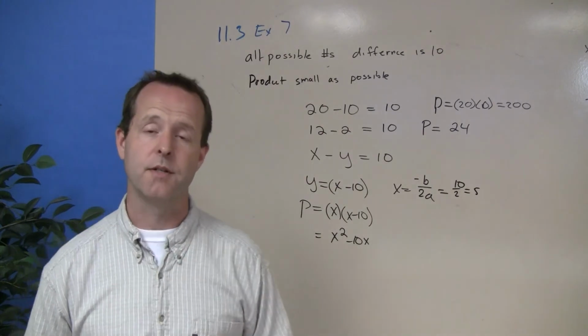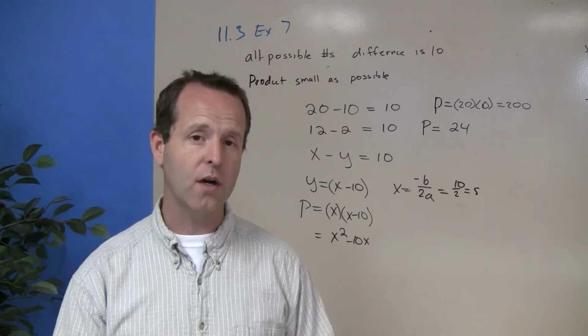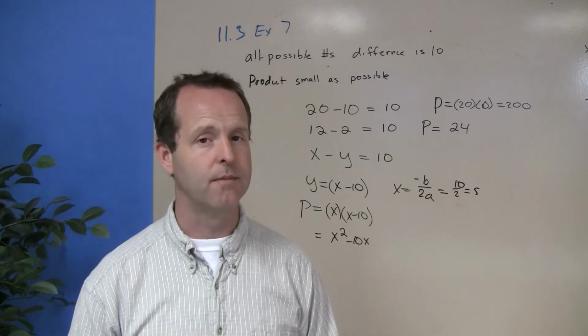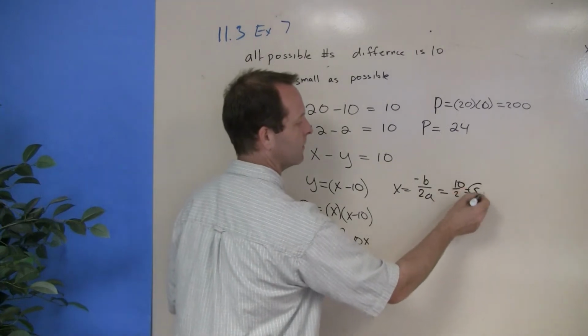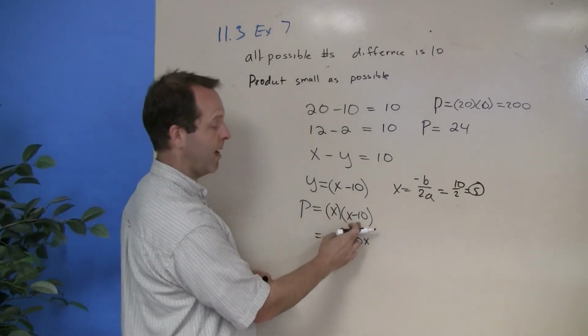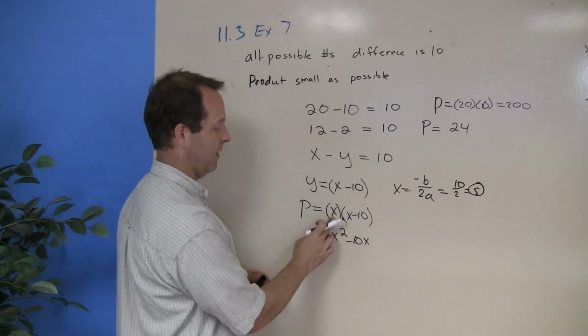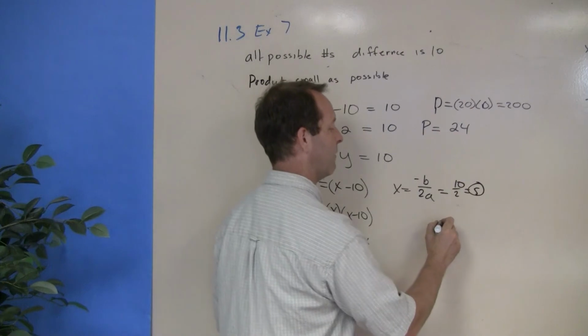There's one of my numbers. 5 has to be one of the numbers that works such that its product is a minimum. Well, how do I find the other number? I take this 5 and put it back into my other number, x minus 10. If this is 5, 5 minus 10, my other number becomes negative 5.